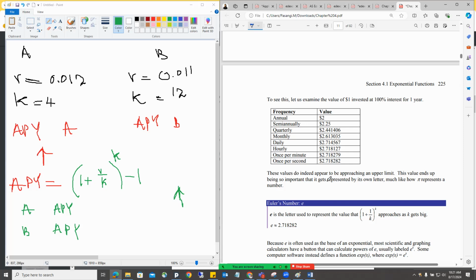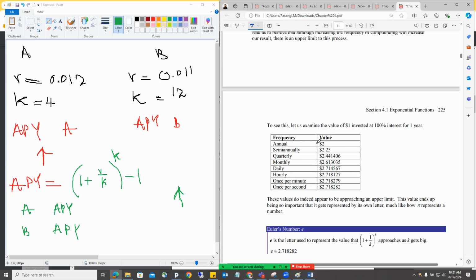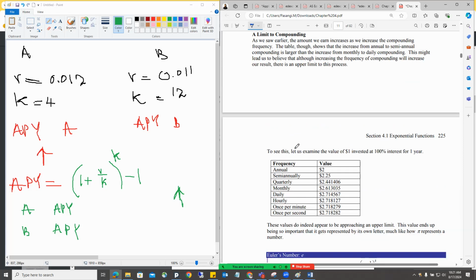This value ends up being so important that it gets represented by its own letter, much like how pi represents a number. So what does this mean? To see this, let us examine the value per dollar invested at 100% interest for 1 year.